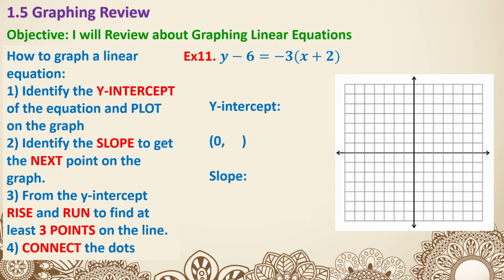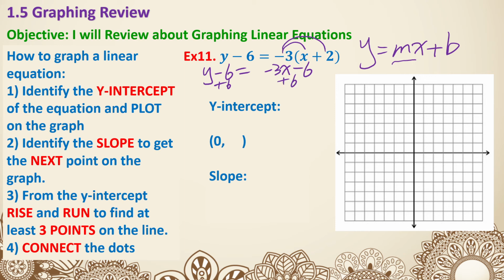Example 11. This time, as you may see, it's not exactly in y equals mx plus b form, but we have learned in 1.4b about how to change the forms into slope-intercept form. We just need to get y by itself and have x in the front. Since there's no parentheses in the form, we're going to distribute first. Y minus 6 equals -3x minus 6. Then we're going to add 6 on both sides.